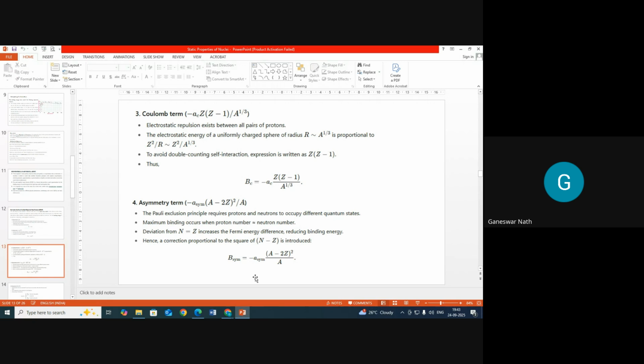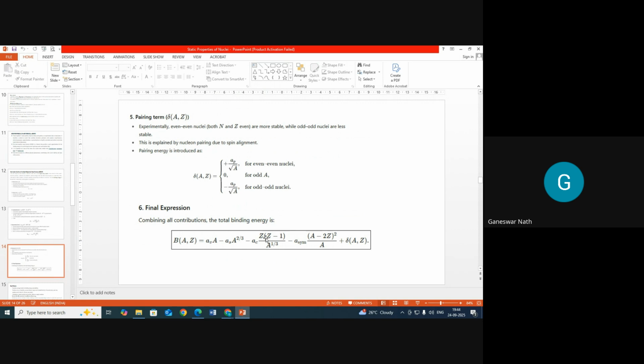As this is indirectly connected with the number of protons and neutrons, we can write the binding energy due to the asymmetric term as minus of A asymmetric into A minus 2Z whole square by A. These are all theoretical formulas that we use for explaining what we call the semi-empirical mass formula.